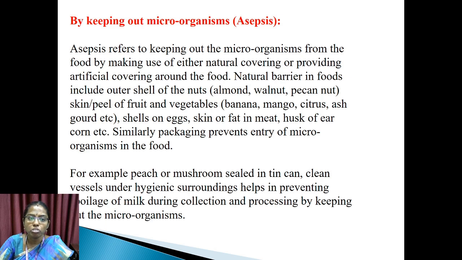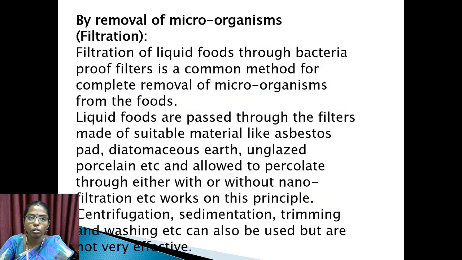Natural barriers in foods include the outer shell of nuts, that is almond, walnut, peanut; skin and peel of fruits and vegetables, such as banana, mango, citrus, apricot, etc.; shells on eggs; skin or fat in meat; husk of ear corn, etc. Similarly, packaging prevents entry of microorganisms into the food, for example, fish or mushroom sealed in a tin can. Clean vessels under hygienic surroundings help in preventing spoilage of milk during collection and processing by keeping out microorganisms.